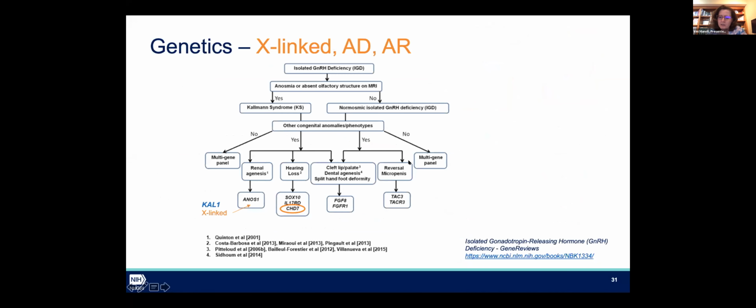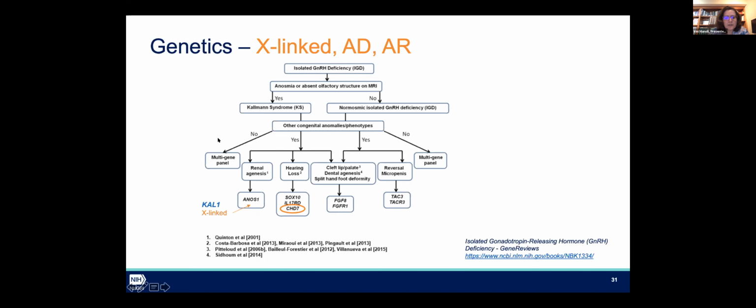This is from GeneReviews, which goes through isolated gonadotropin deficiency with or without anosmia, so normosmic isolated gonadotropin deficiency versus Kallmann syndrome, where there is anosmia and the hormonal picture: low LH, low FSH, low androgens or estrogen in male or female.